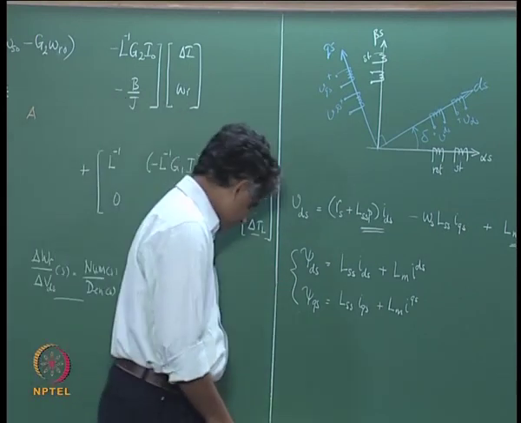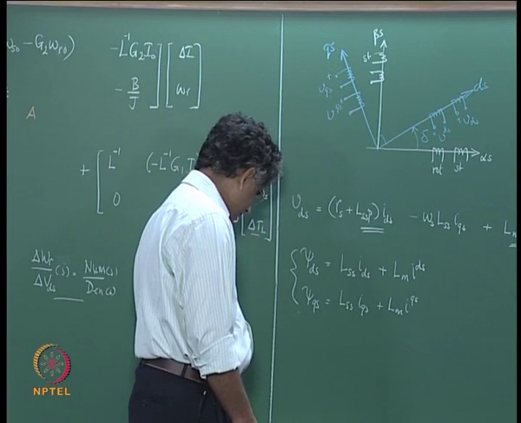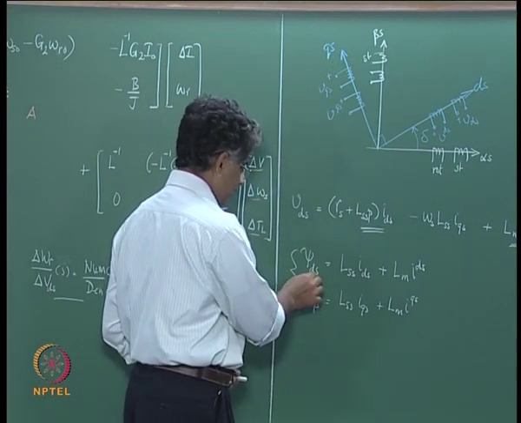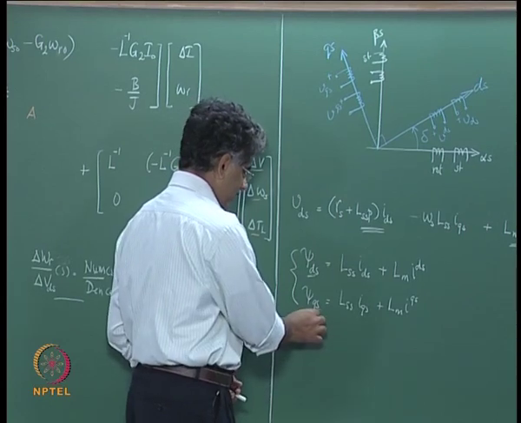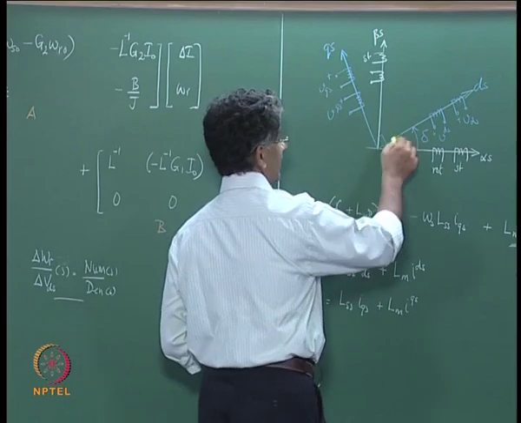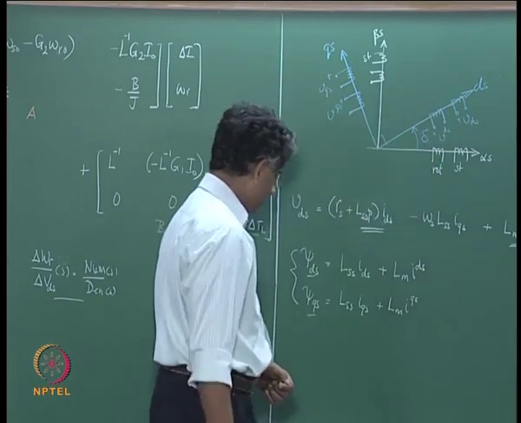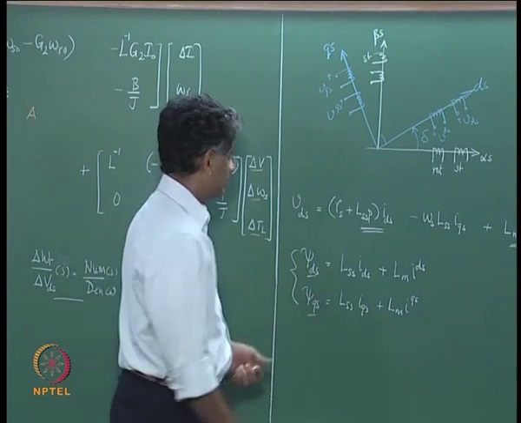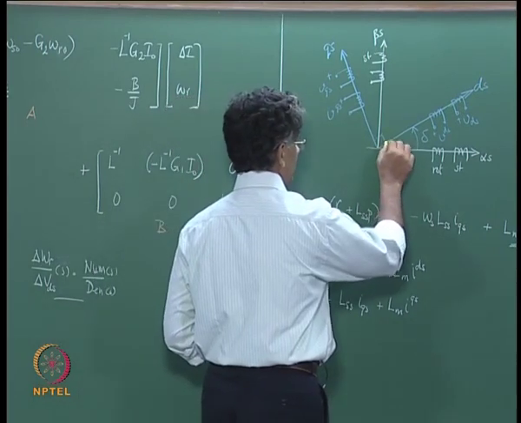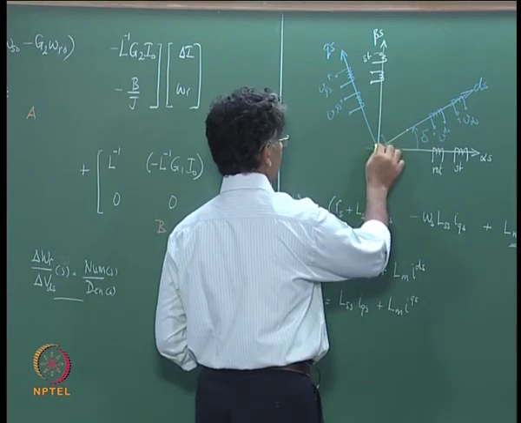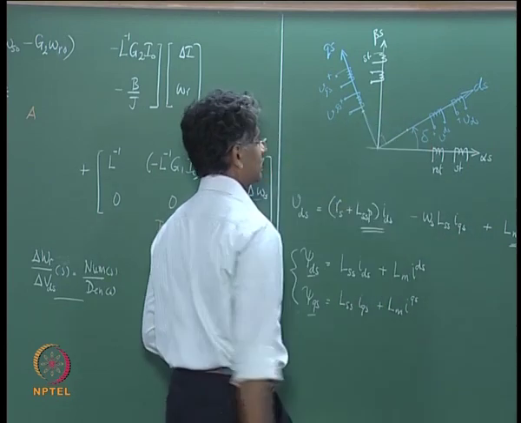Now this flux linkage of the stator, you see that there is one part which is along the d axis and this is along the q axis. Having designated the axes here as d and q, the flux linkage of the stator has a certain d component, something here, and it has a certain q component, which is something here.